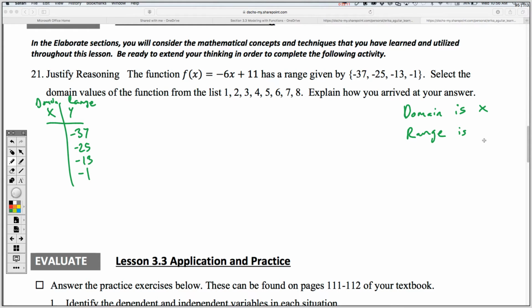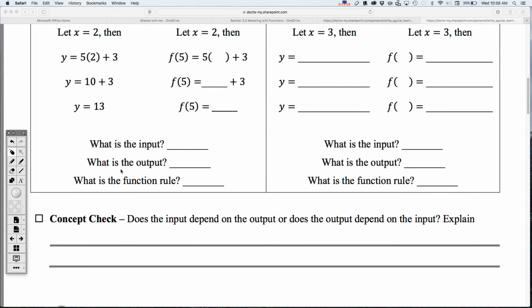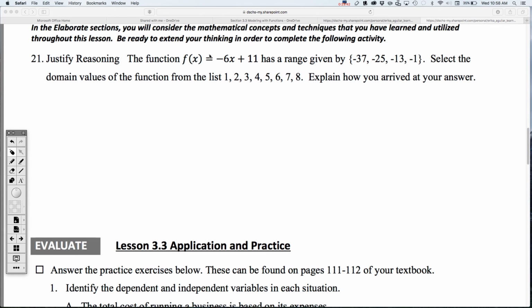It's our notation. Not out of the words that we put up there. I'm looking for the actual notation. So look at the problem before. We have y equals 5x plus 3, and then we have f of x equals 5x plus 3. So what's another way we could write y? F of x. Okay, that's what I'm looking for.